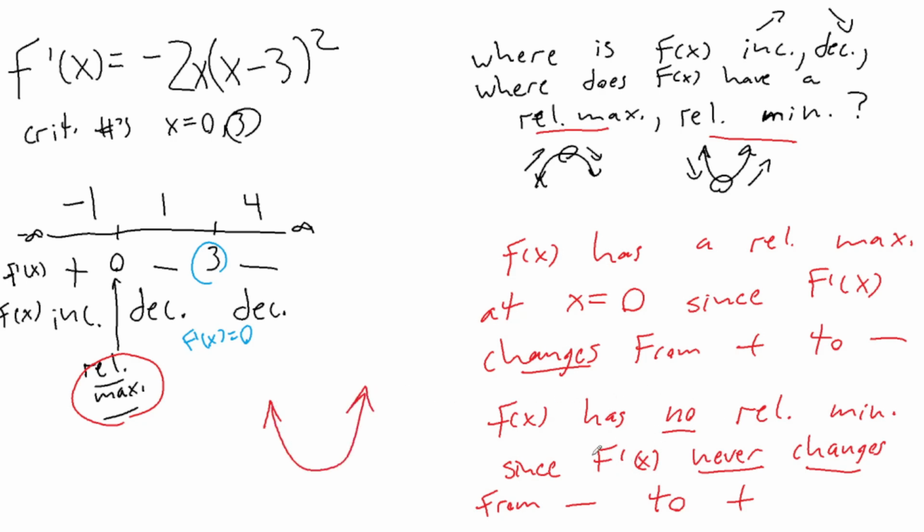Because f prime of x never changes from negative to positive, we have no relative minimums. This never happens on this graph, or on f of x. This is the derivative of f of x, but this never happens on the graph of f of x.